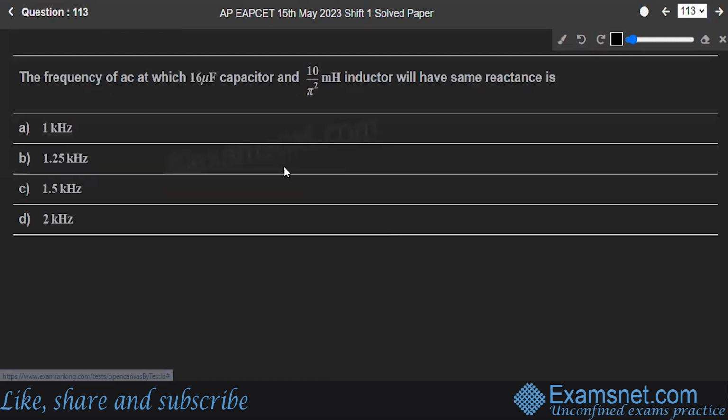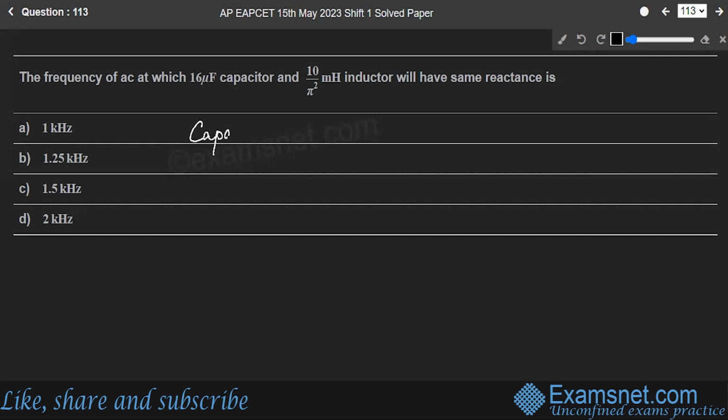Hope you understood that. Next is question number 113: the frequency of AC at which a 16 microfarad capacitor and a 10 by pi square mH inductor will have the same reactance is.